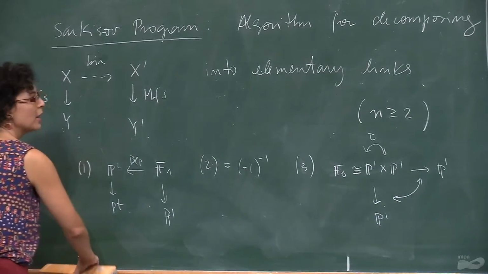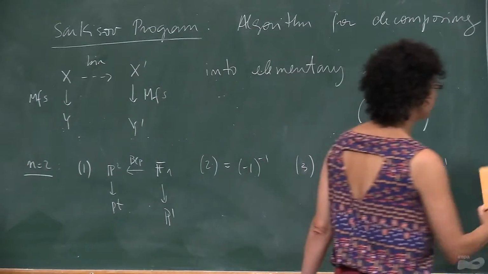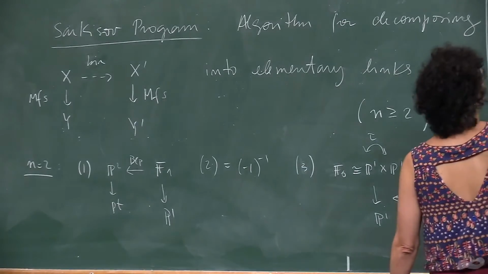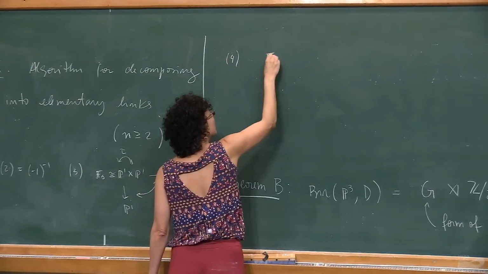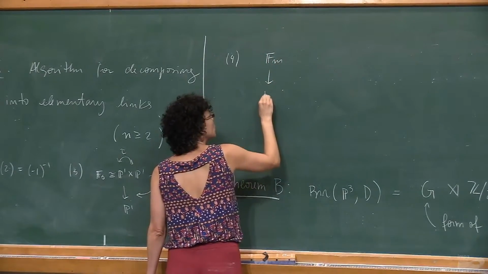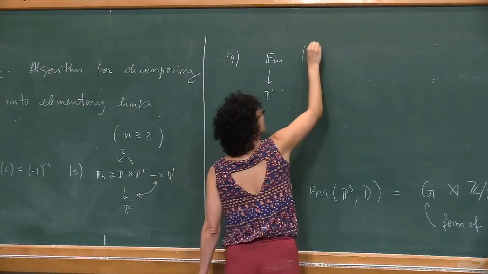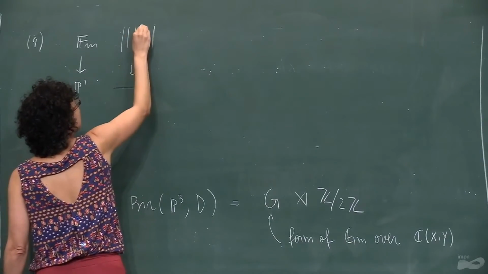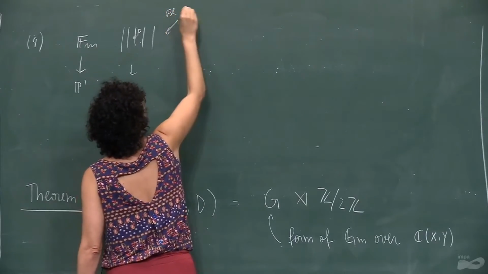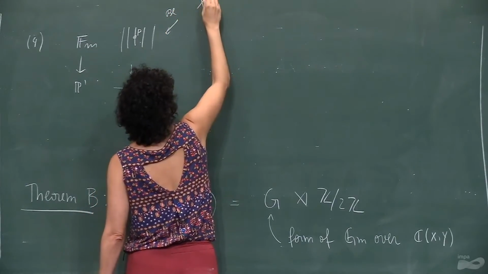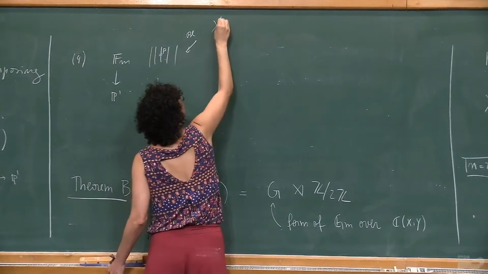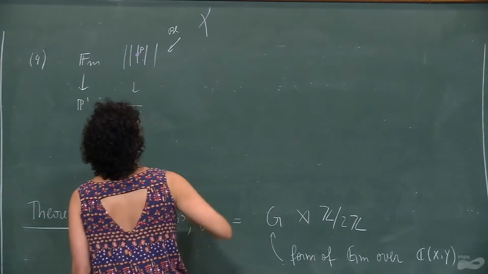And the fourth type of link, which is a bit more interesting, you start with an Fm that maps to P1. So here you have your fiber bundle. Then you pick a point P, you blow up this point. You get the exceptional divisor.